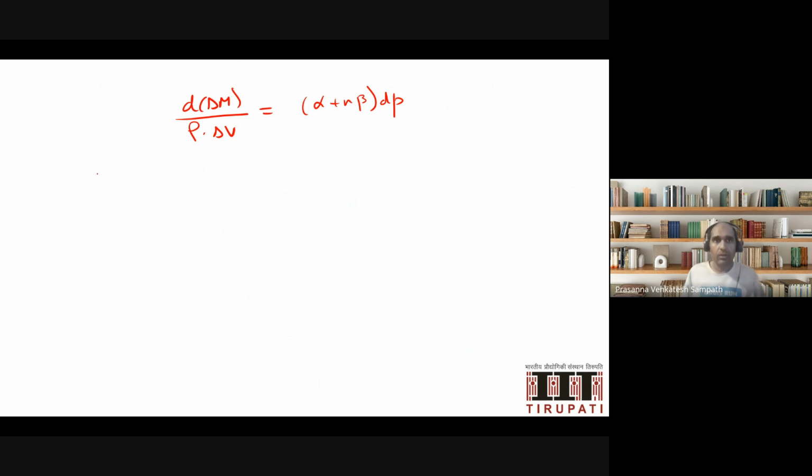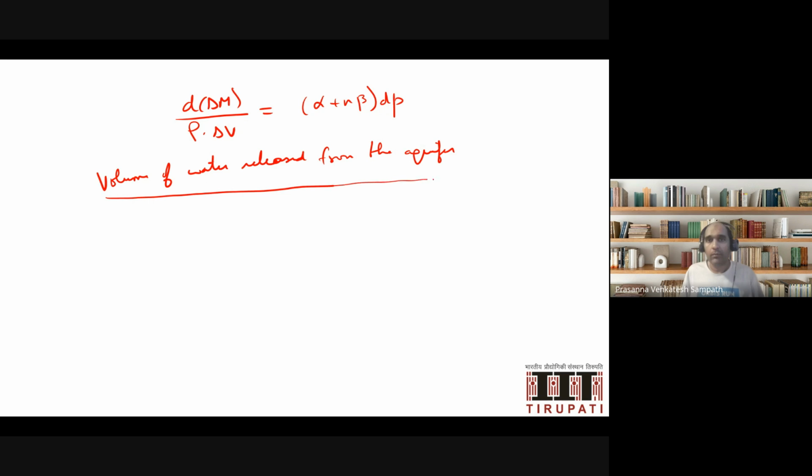So this is the volume of water released from the aquifer. And in the denominator, I have a delta V, which is the volume of the aquifer, the original volume, right?